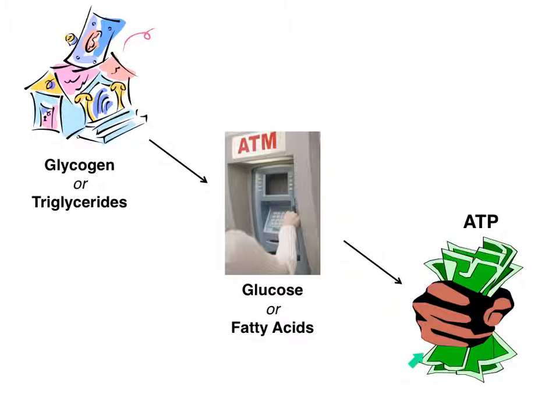Now, I mentioned when we started this discussion that ATP is the energy currency of your cells, what's actually exchanged to do work. But your cells don't really store ATP. If ATP is there in the cell, it's going to be used.